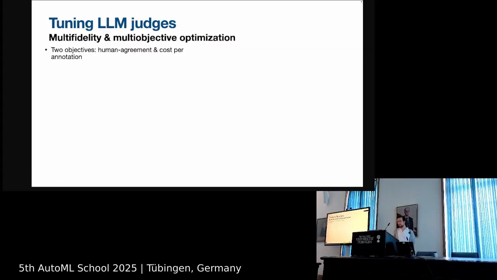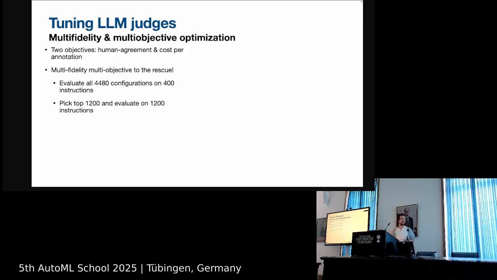Okay, and then we do multi-fidelity, multi-objective optimization finally. We have 4,480 configurations. We evaluate them on a small set of instructions. Then we pick the top ones and evaluate them on a larger set of instructions. Then we pick the top ones and evaluate them on all the validation set instructions.